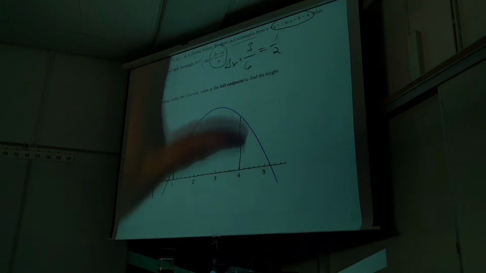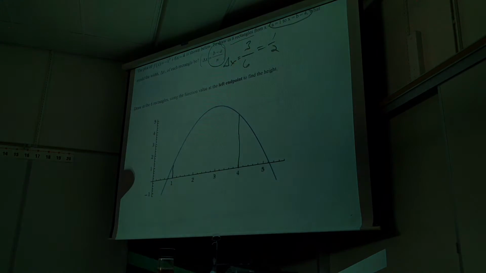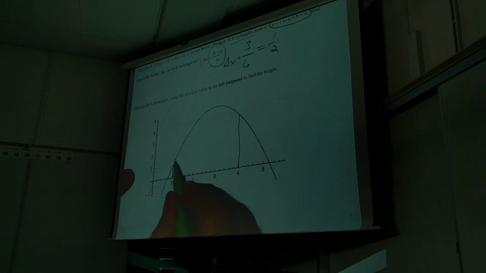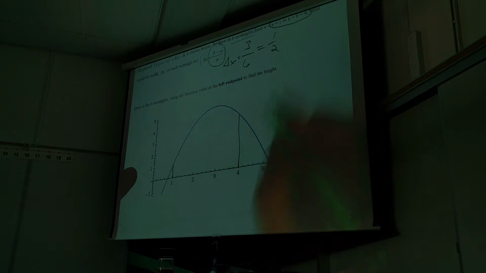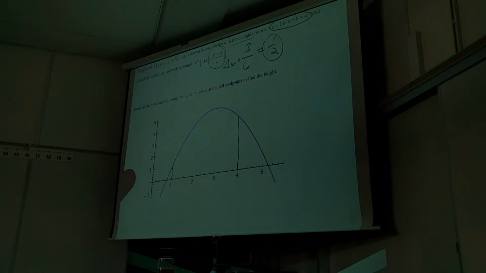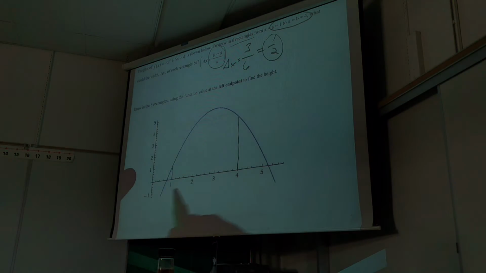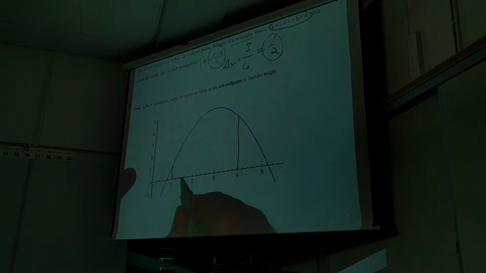So if I'm using left endpoints, which means when I draw my rectangles in, the height is going to be governed by the left output, the left side of the rectangle's output. Each rectangle is going to be 1/2 wide. So the first rectangle is going to start at 1 and end where? 1.5.